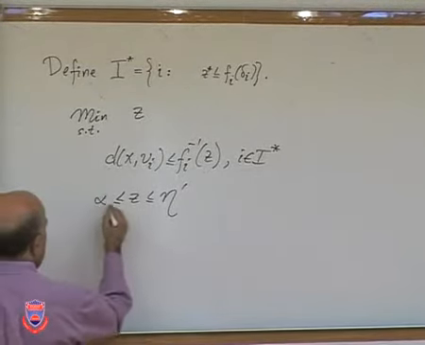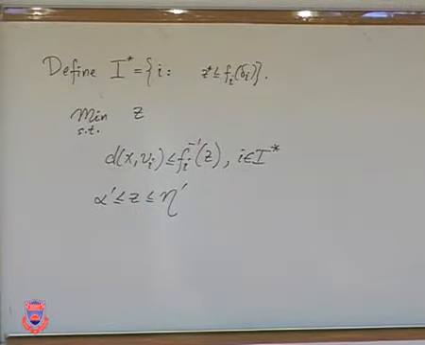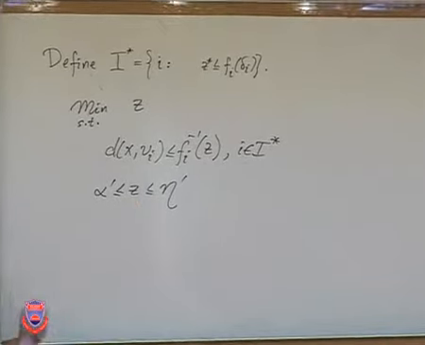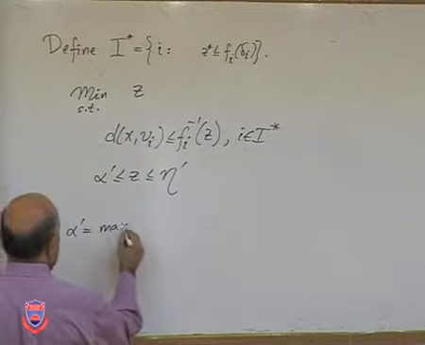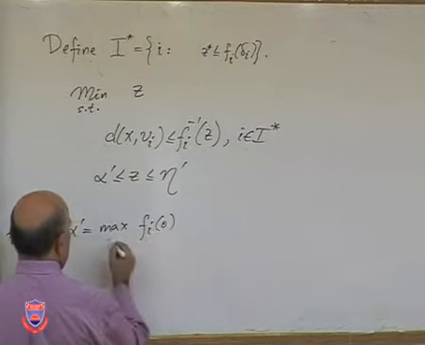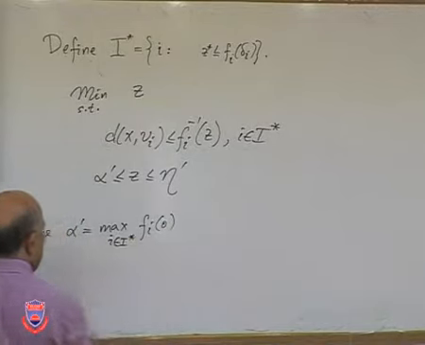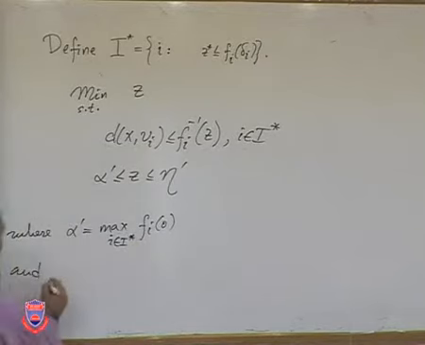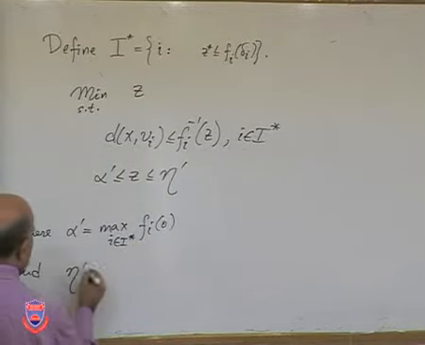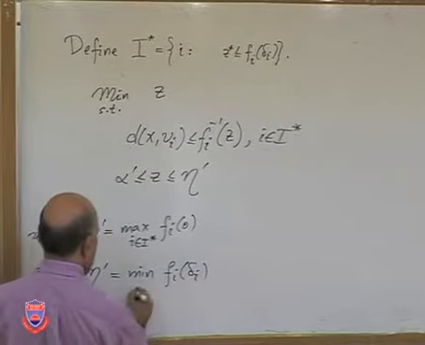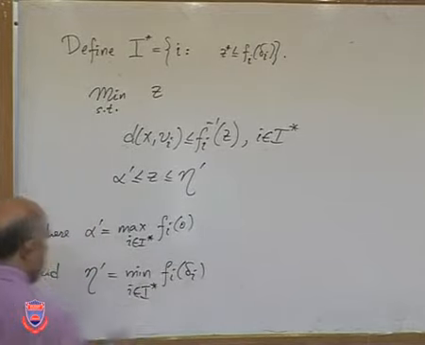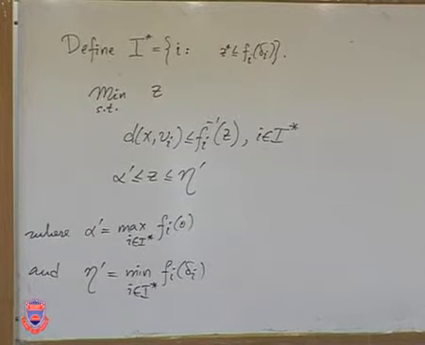Also, I have to recompute my alpha, because I may have a smaller set now. So, where alpha prime is the maximum of fi0, I restricted to I star, and eta prime is the minimum of fi delta i in I star. We simply eliminated redundant inequalities from the problem.